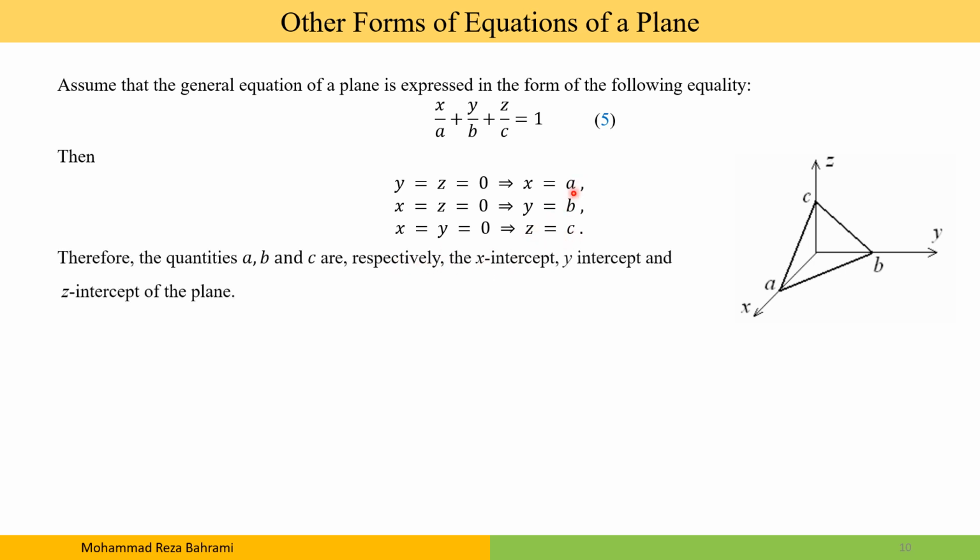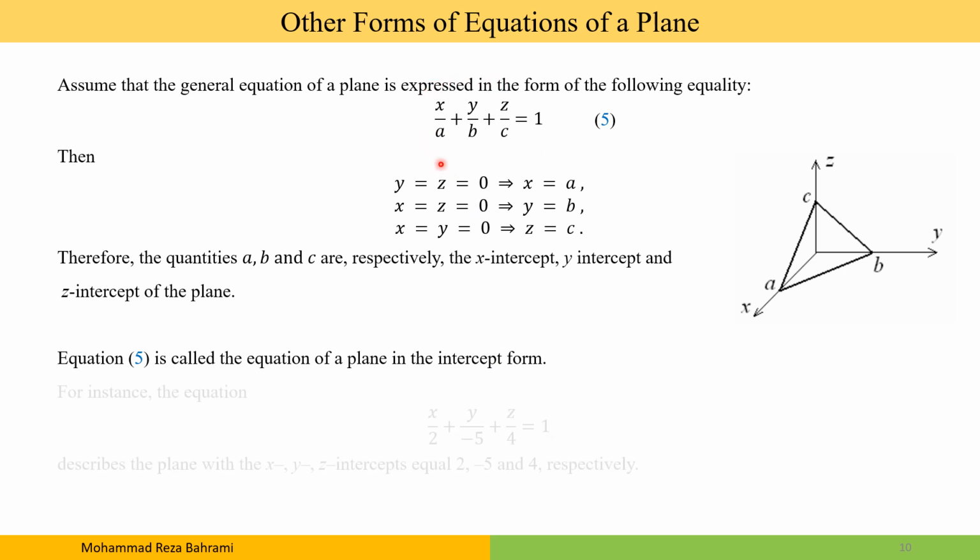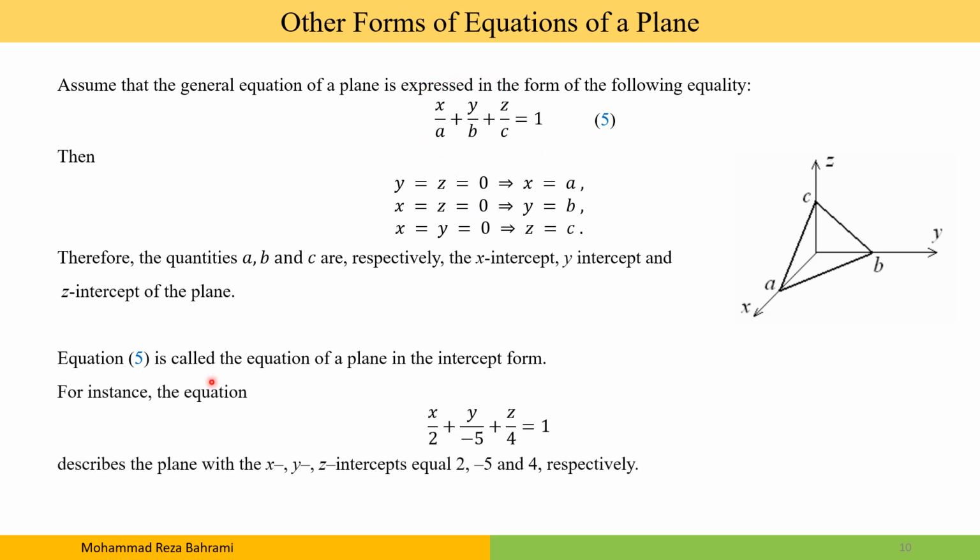Therefore, the quantities a, b, c are respectively the x-intercept, y-intercept, and z-intercept of the plane. Also, this equation is called the equation of a plane in the intercept form. For instance, the expression x over 2 plus y over minus 5 plus z over 4 equals 1 describes the plane with the x, y, and z intercepts 2, minus 5, and 4.